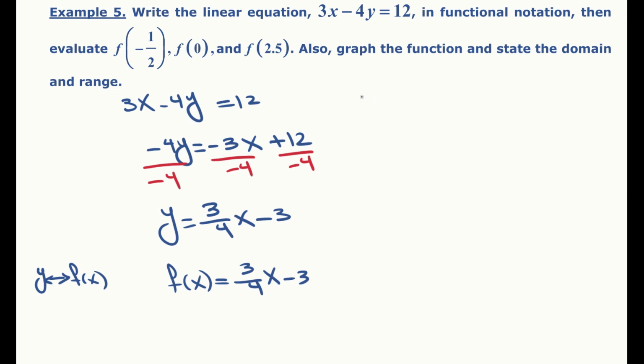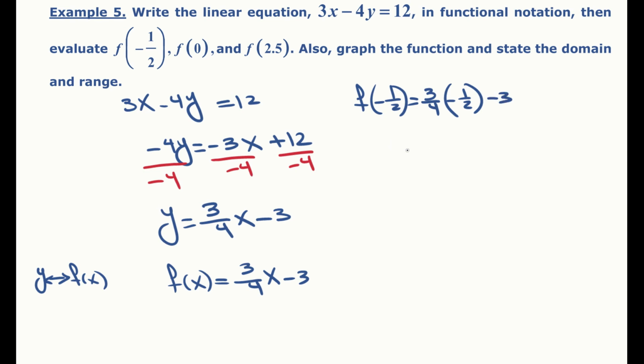So for example, f of negative 1/2 is going to be 3/4 x. So 3/4, instead of x, we're going to substitute negative 1/2 and then minus 3.